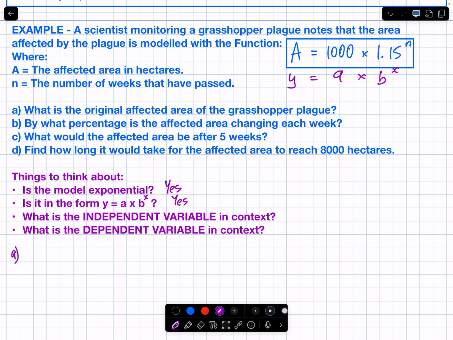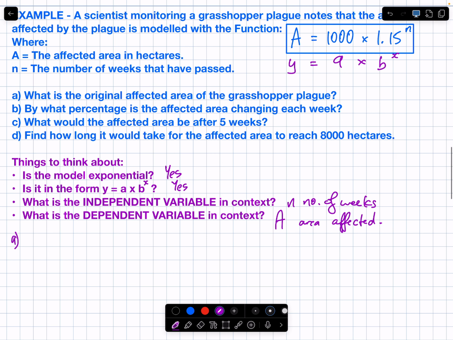Because the amount of area that's been devastated by the grasshoppers is going to grow based on how long the grasshoppers have existed. It's not going to be the other way around, okay? So the independent variable in the context is n, number of weeks, and that only leaves the other one, the dependent variable, A, area affected.